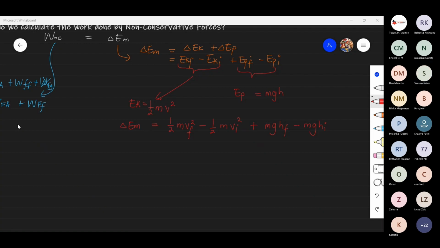Now we're going to do something similar today. In the kinetic energy part, we're going to take out a half m. And from our potential energy part, we are going to take out mg.